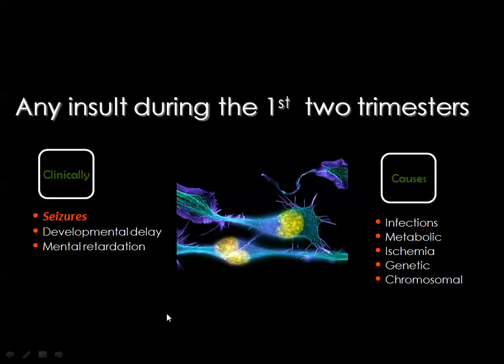The most important of them is the presence of seizures, and sometimes the patient may show developmental delay and mental retardation, but the most important presenting symptom in this group of diseases is seizures.